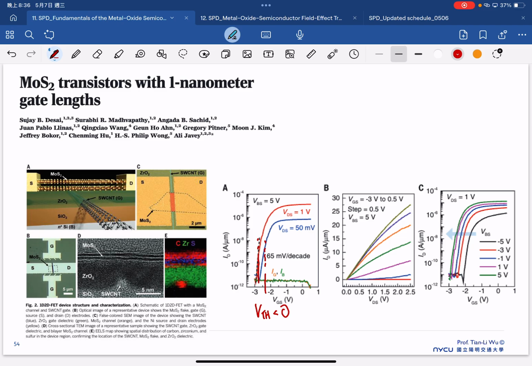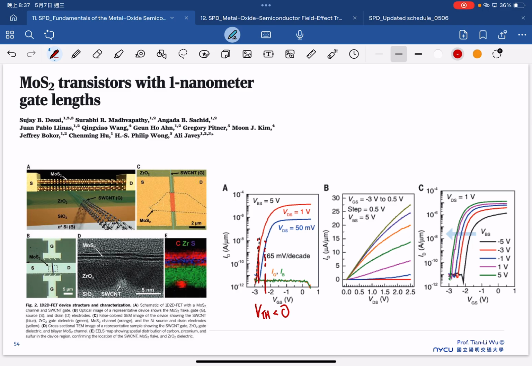But in this demonstration, the purpose is not to demo a very high threshold voltage, so people still feel that's okay. It's just a demonstration for one channel length. That means if you want to turn off your device, you need to apply a negative gate bias, like -3, -5 volt, as shown here.